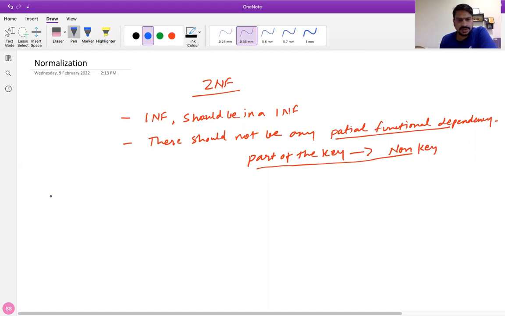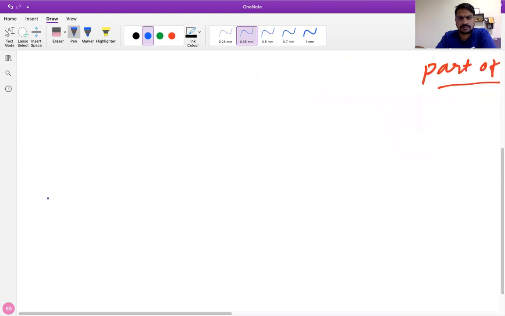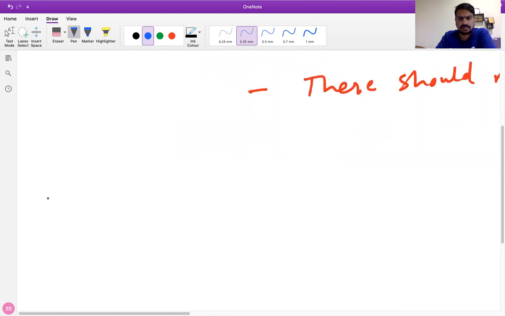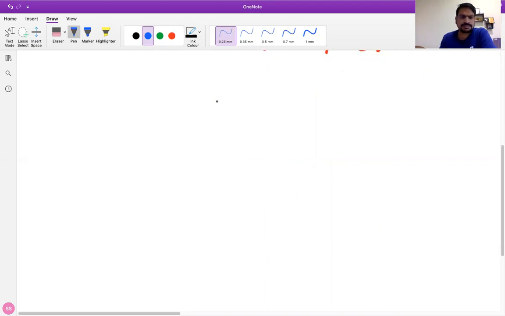So let's begin the question. Let's start with question number 1. We have a relation and that relation has some attributes like A, B, C, D. 4 attributes are there.